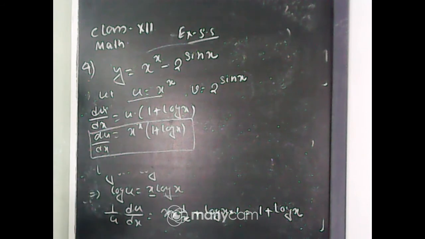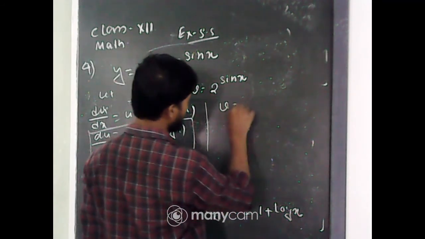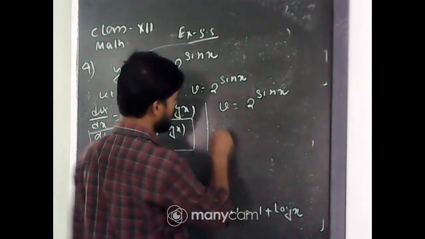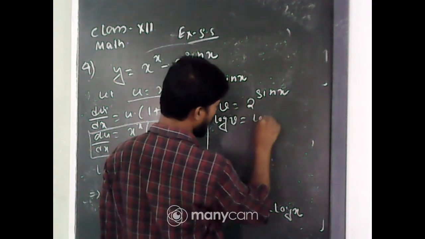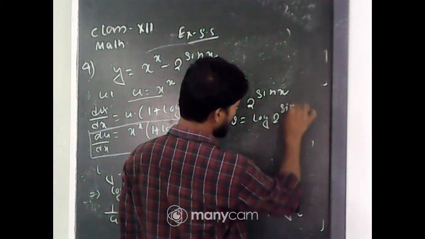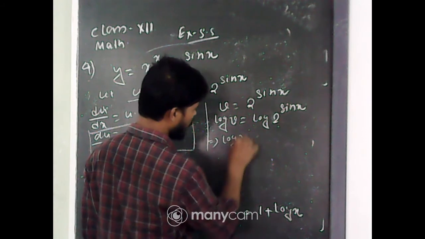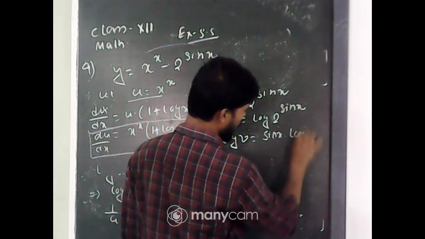In a similar way, we will calculate the value of dv dx. So, look, v is given as 2 to the power sin x, take log both sides. So, taking log, we have log v equal to log of 2 to the power sin x, meaning log v is equal to sin x into log of 2.